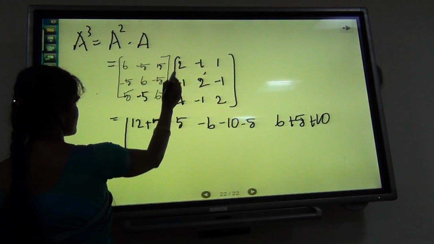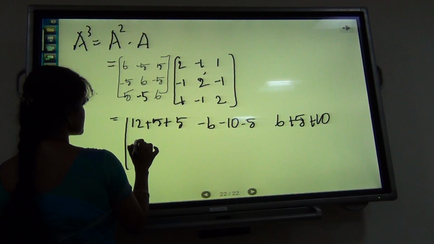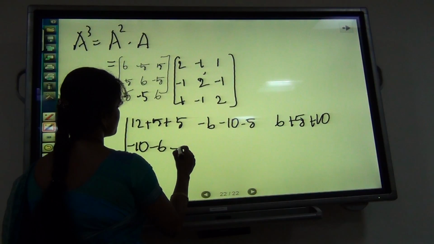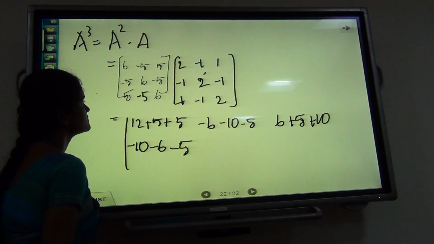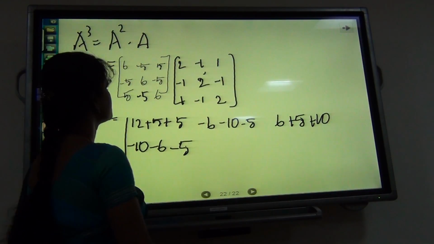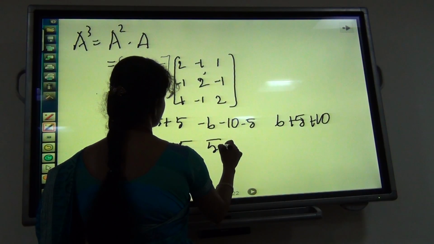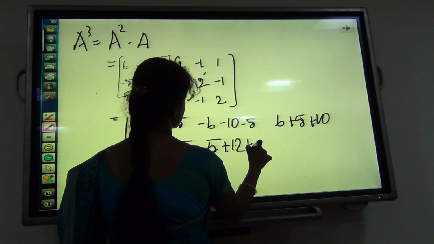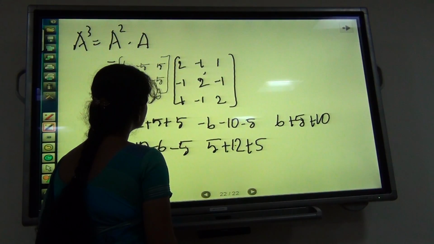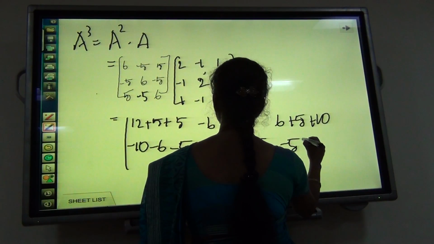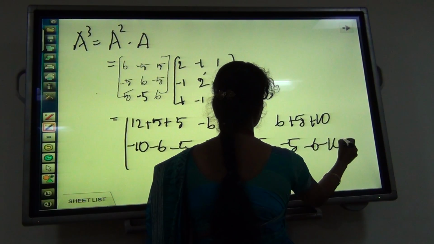And here the second row with the first column will give you minus 10, minus 6, minus 5. And here you get plus 5 plus 12 plus 5. And the second row with the third column will give you minus 5, minus 6, minus 10.